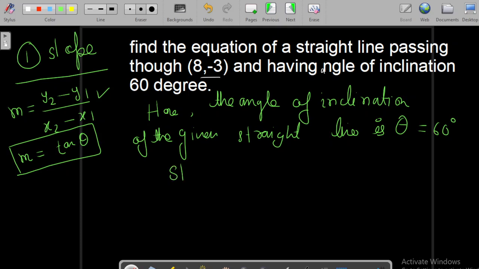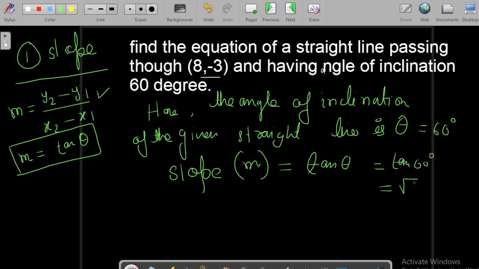So the slope m is given by the formula tan of theta, that is, here it is tan of 60 degrees, which is root 3. So we know the slope. So we have to assume the equation of the straight line.